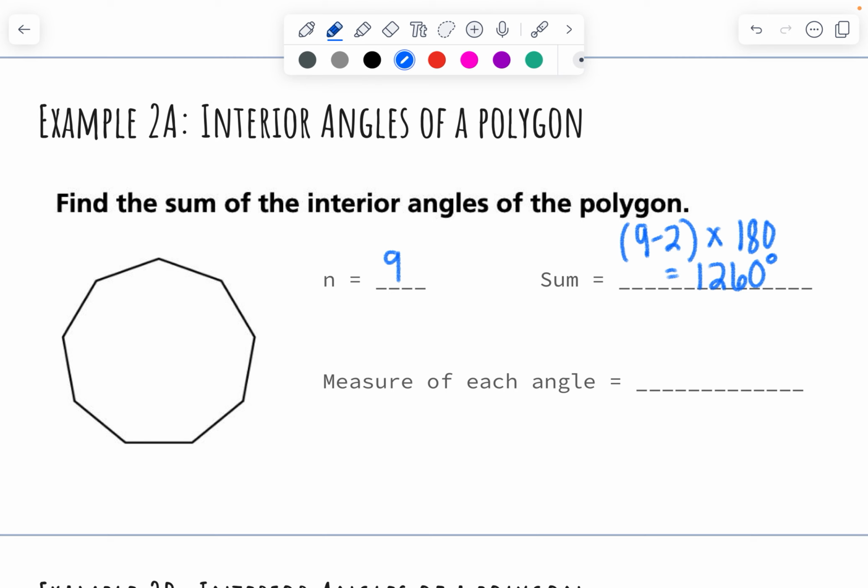Don't forget the degree symbol. And if I just want to know one of the angles, I'm going to do 1,260 divided by the number of sides, which is 9, and I would get each angle is 140 degrees. So each of these angles is 140 degrees all the way around.